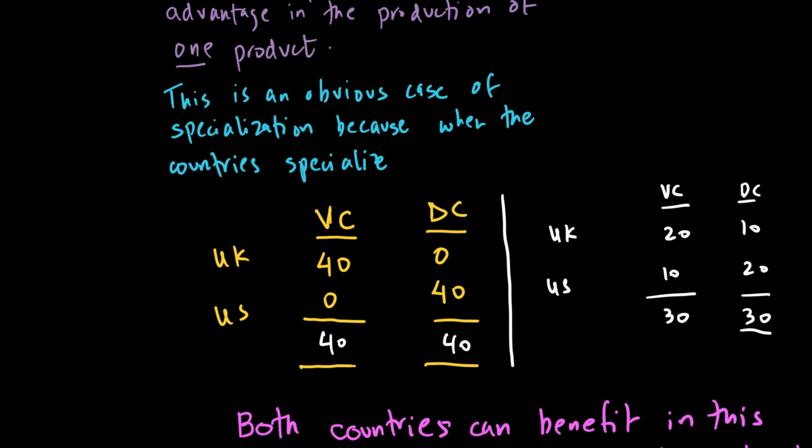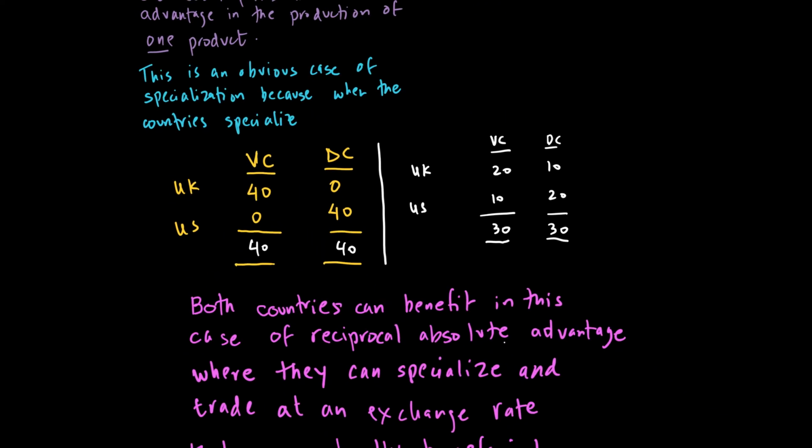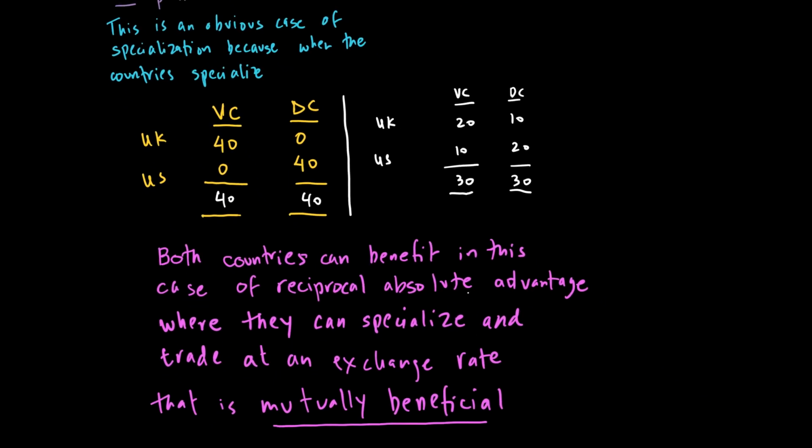Before specialization, the world output was 30 and 30 of each, but simply by specialization we've gotten the world output to be much more. So what we can say is that in the case of reciprocal absolute advantage, both countries can benefit, where they can specialize and trade at an exchange rate that is mutually beneficial.